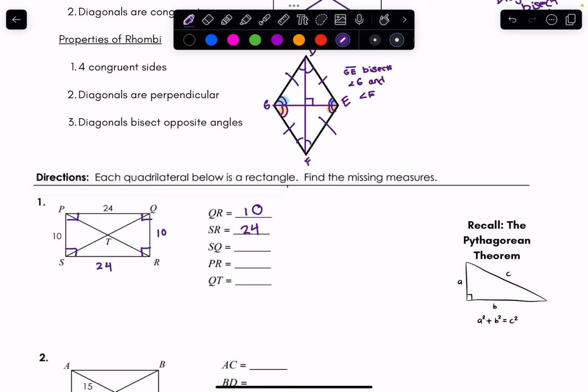Now they're asking us for the diagonal. The reason I put this over here is that a rectangle is actually made up of two right triangles. So you can use the Pythagorean theorem to solve for your diagonal, using a squared plus b squared is equal to c squared.